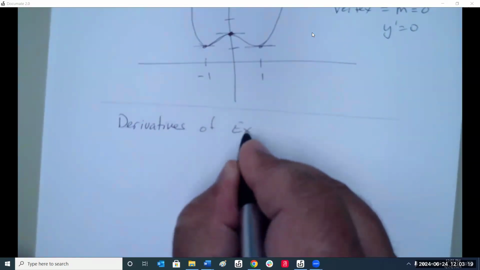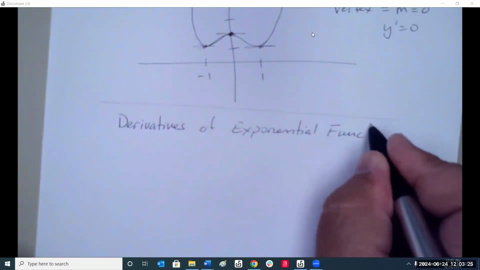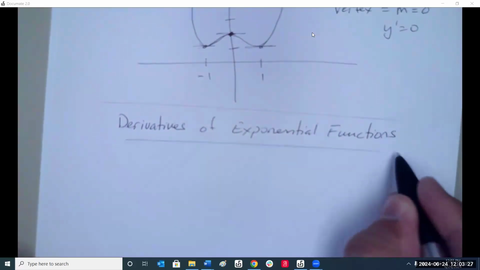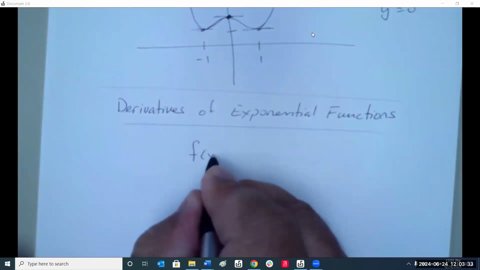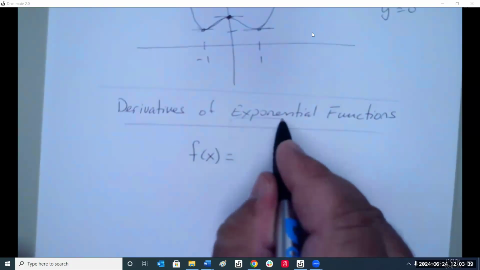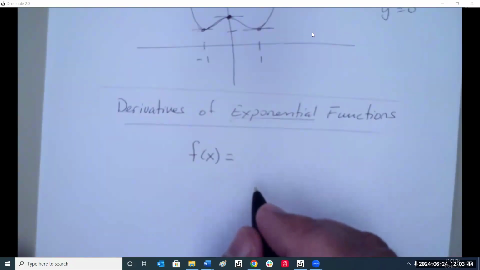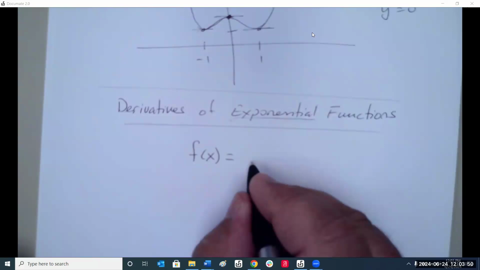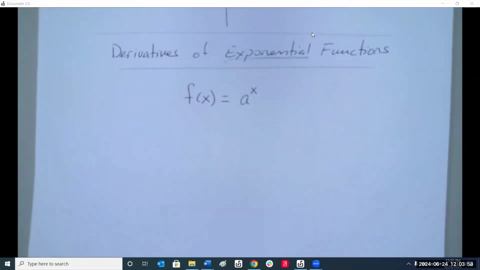Derivatives of exponential functions. What does an exponential function look like? What's the form of an exponential function? That's an exponential function.